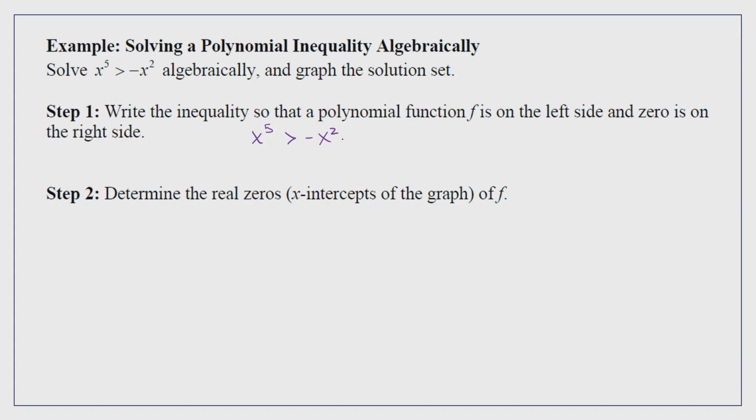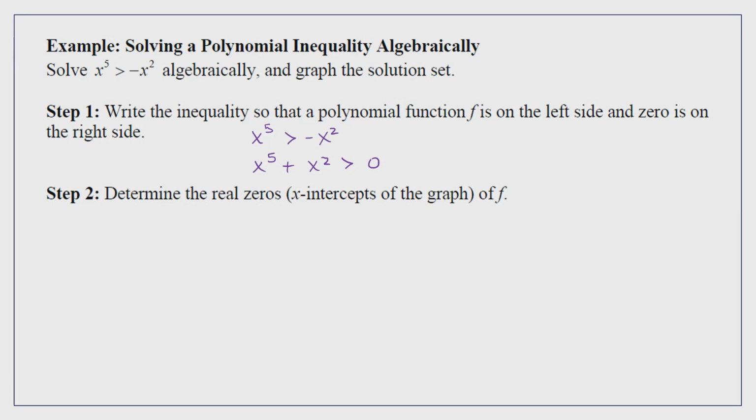We add x squared to both sides to move this term to the left-hand side. So we get x to the fifth plus x squared is greater than 0. Now we have our polynomial on the left-hand side and 0 on the right-hand side.